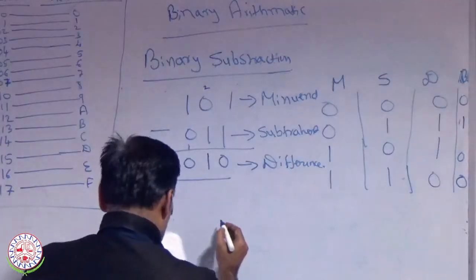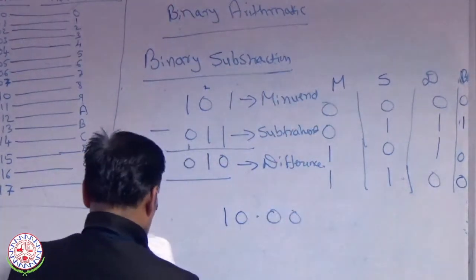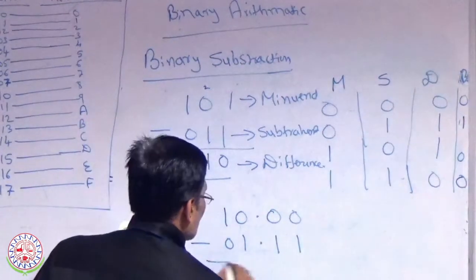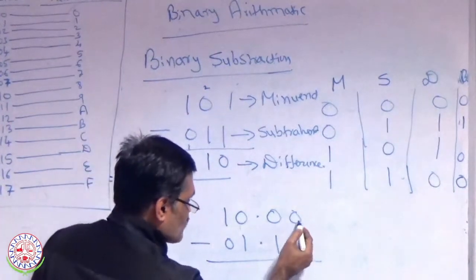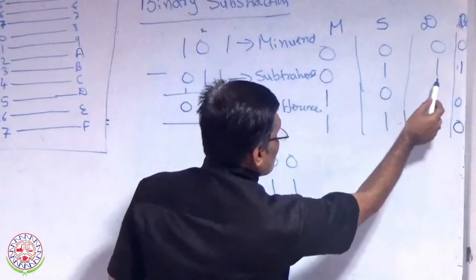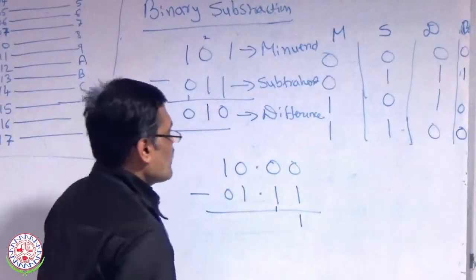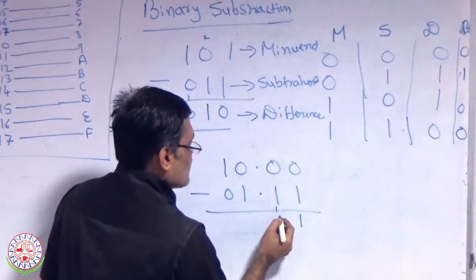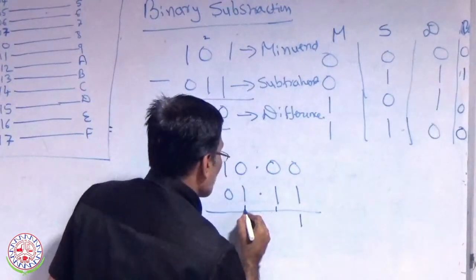So just take one more number, minus 01.11. These are the two given numbers here. So 0 minus 1, follow this chart: difference is 1, borrow is 1. Again 0 minus 1: the difference is 1, borrow is 1, and already you are borrowing here.